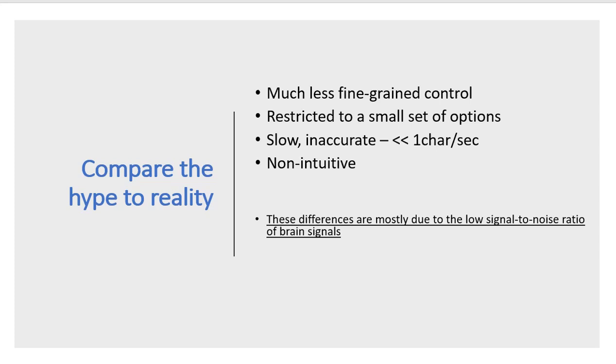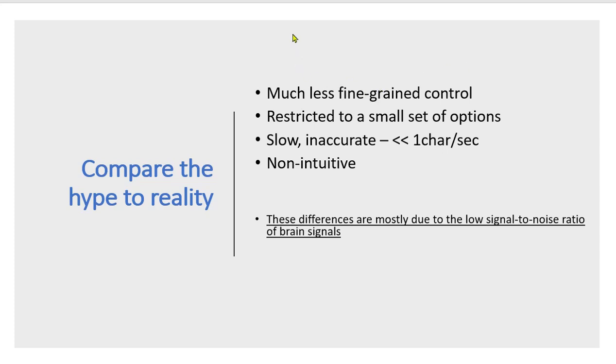So now, if we compare the reality to the hype, we can see that the control of external devices using brain-computer interfaces is much less fine-grained. So it is not as easy as in science fiction movies, or even those demonstrative videos.